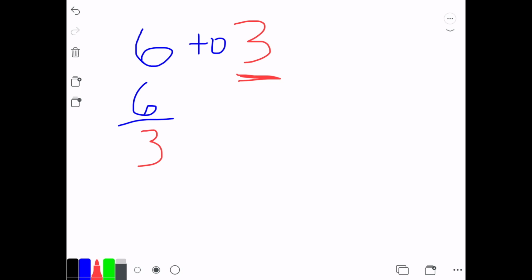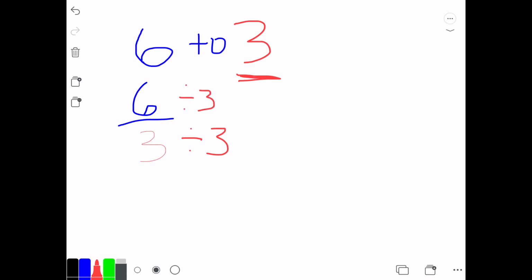The way that we approach these is you want your denominator, this bottom number here, to always be a 1. The way that we turn a number into a 1 is we divide it by itself. So you're simplifying a fraction, or a ratio in the form of a fraction, so that the denominator is 1. We divide top and bottom by whatever the bottom number is.